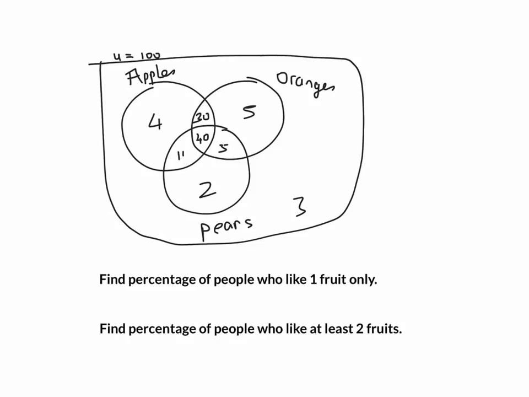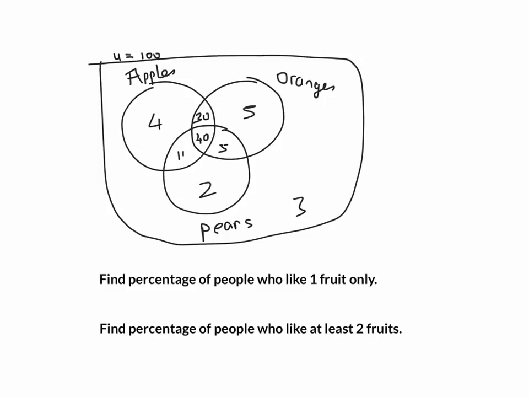So the key to doing these is to identify the area of the diagram you're talking about first. The people who liked one fruit only would have to be these 4 people who liked apples only, the 5 people who liked oranges only, and the 2 people who liked pears only. So that's the area we're talking about.